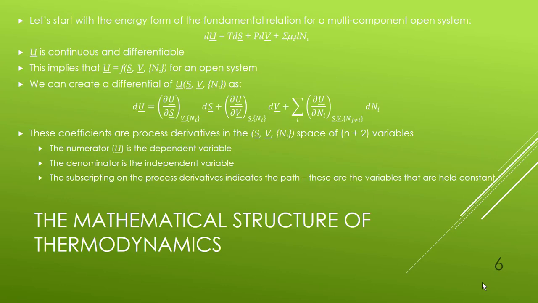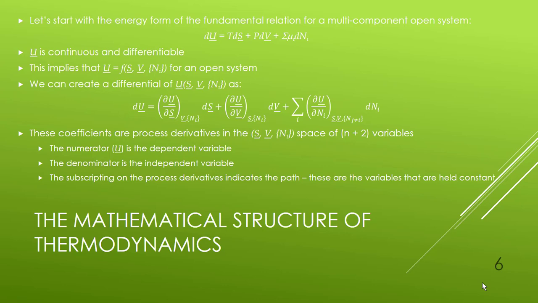So if you look at that fundamental relation written in terms of U, we know that U should be continuous and differentiable if it describes physical phenomena that we're familiar with, which means that U is, according to this expression, a function of S, V, and the number of moles we have in our system.